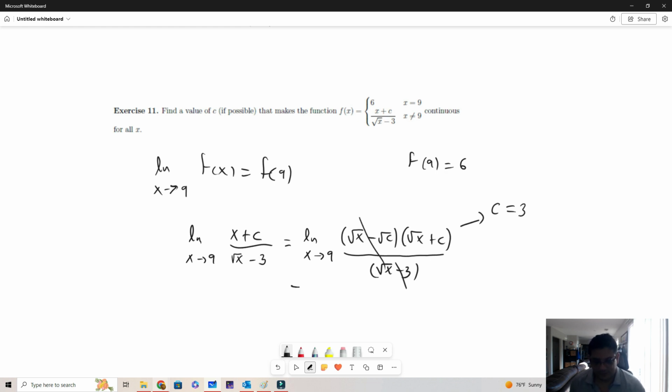Let's assume that c is equal to 3. Then this limit becomes the limit when x goes to 9 of the square root of x plus 3. When I plug in the 9, the square root of 9 is 3, and 3 plus 3 is 6. So this actually becomes 6, and it's equal to f of 9. So indeed, the value that makes sense here is c equal to 3.